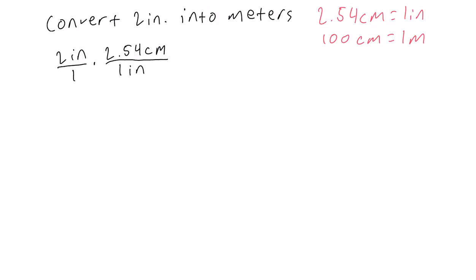I'm going to do it all in one fraction that goes all the way along. It's easier that way, you don't have to worry too much, just do it all at once. Now we have 100 centimeters is equal to 1 meter. Well, now we have centimeters on top, so that means centimeters will go on bottom. So, times 1 meter over 100 centimeters.